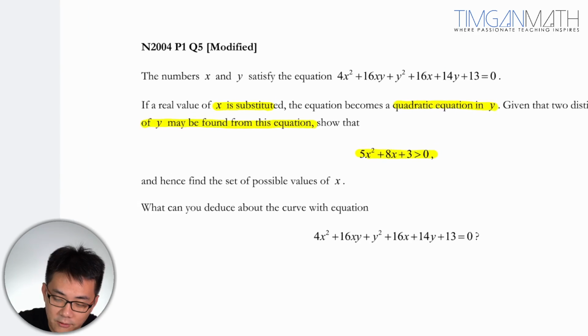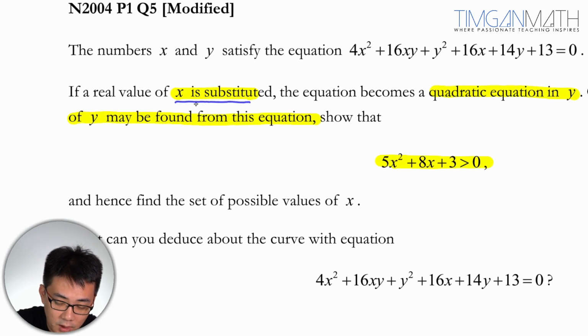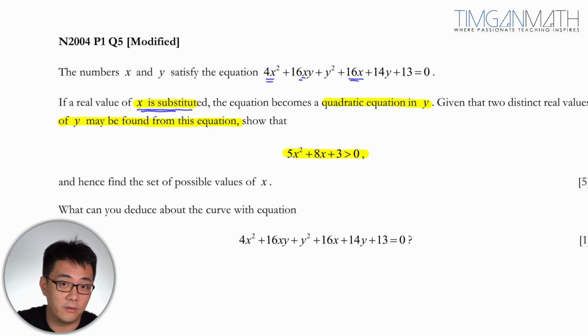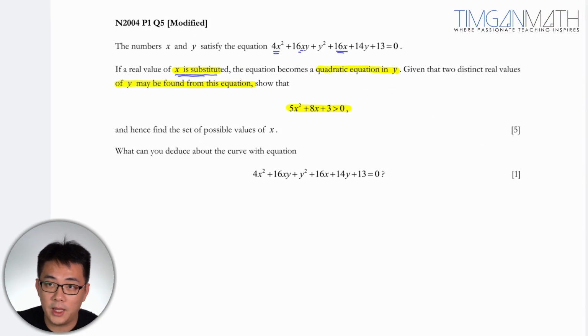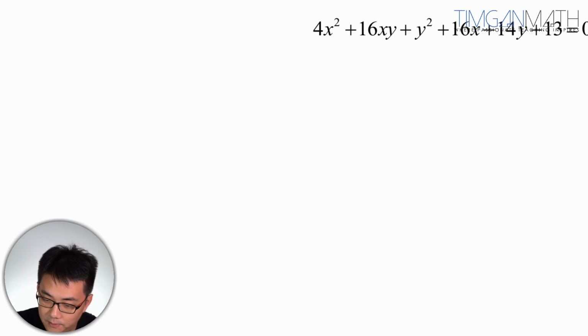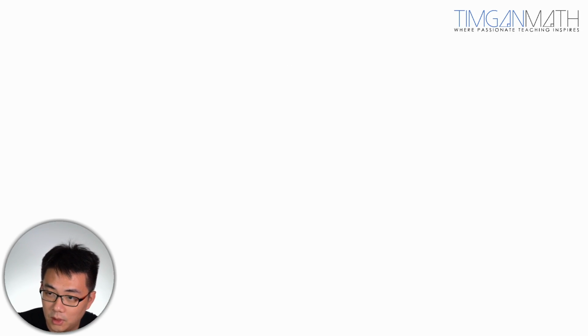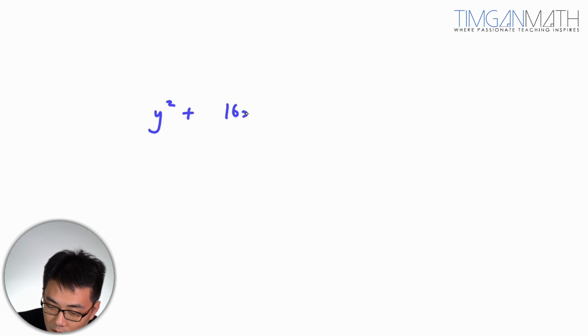Okay, so basically if x is substituted with a value, we could just assume that x is like a constant because it's being substituted a value. So it's wise to make y squared the quadratic expression here. So I'm going to rearrange this to y squared plus 16xy plus 14y.